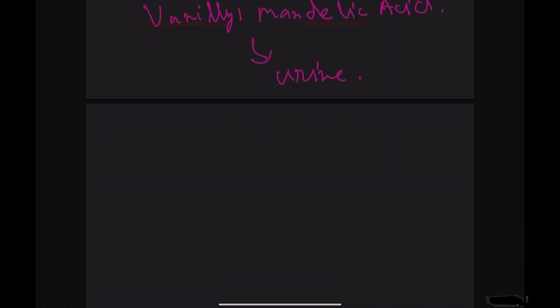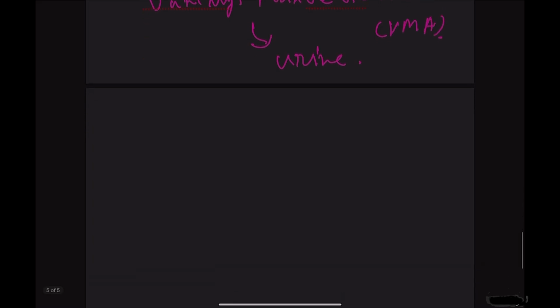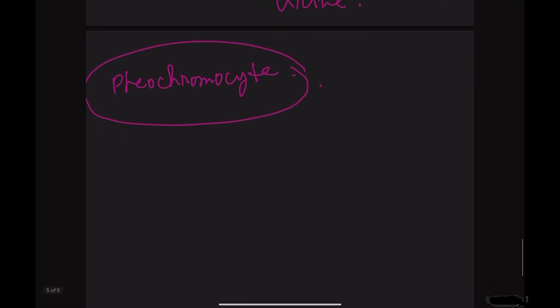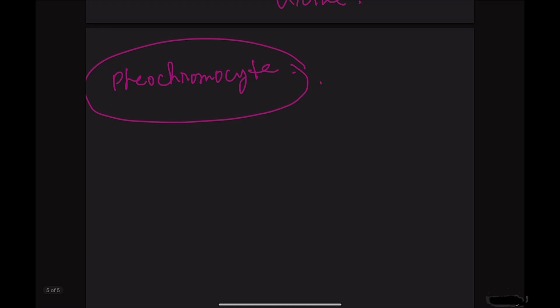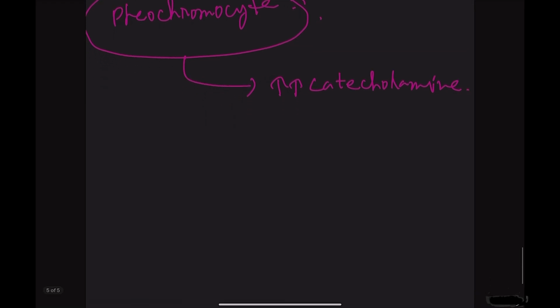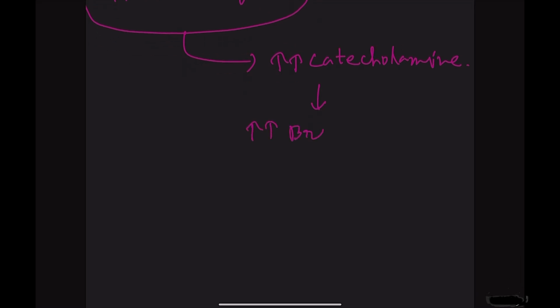Okay, so why am I talking about this vanillyl mandelic acid? Because we have a condition called pheochromocytoma. So this is a disorder, pheochromocytoma. In this disorder, there is increased synthesis of catecholamines. So increased synthesis of catecholamines leads to increased breakdown.